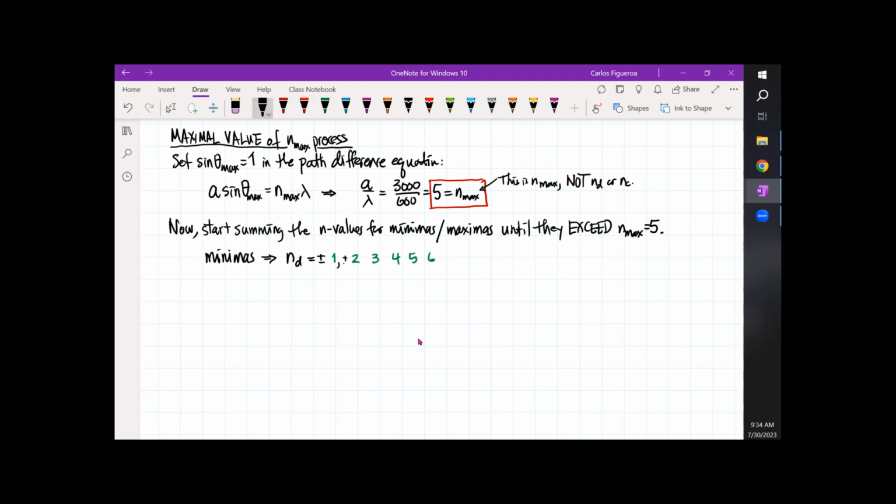Now if I start doing this whole process, just like we did before, you could see that when I get to 6, this exceeds Nmax equal to 5. So therefore, the sequence stops. If the sequence stops here, then this immediately tells us that we have Nd equal to 5 and 2Nd, which is 2 times 5, gives me 10 minimas.